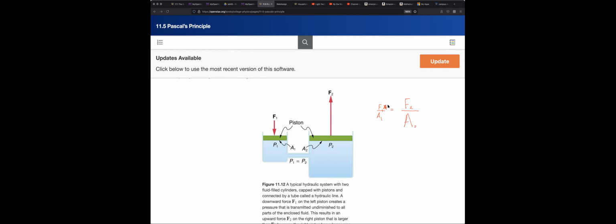A small number divided by a small number can equal a big number divided by a big number, as long as you've got this proportionality going on. So that can happen. So pressure 1 can equal pressure 2.